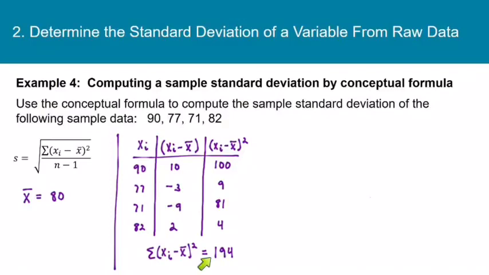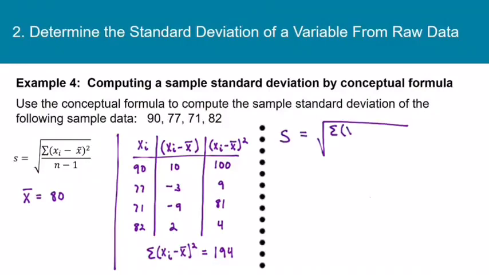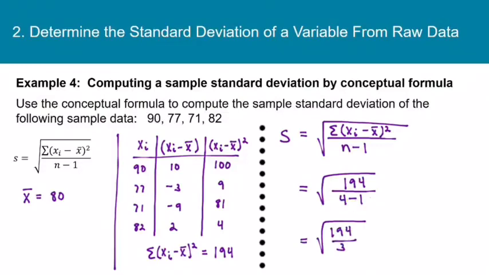Okay, now let's take that and plug it into our formula. So I'm going to recopy our formula over here, and then I'm going to say this top expression is equal to 194, and the bottom expression is sample size minus 1, so that's 4 minus 1, and it's all under a radical. And now we know 4 minus 1 is equal to 3.